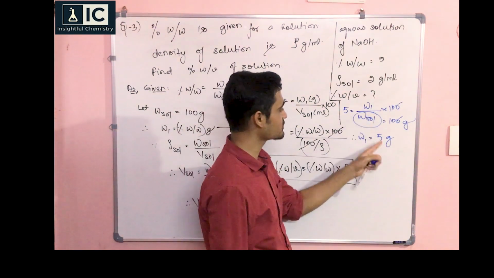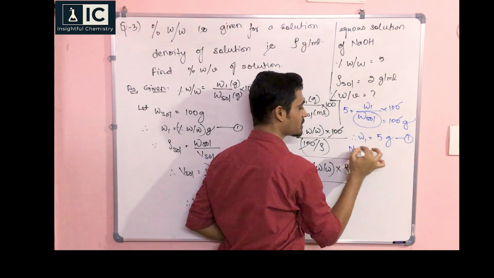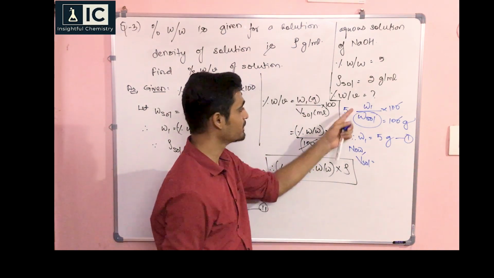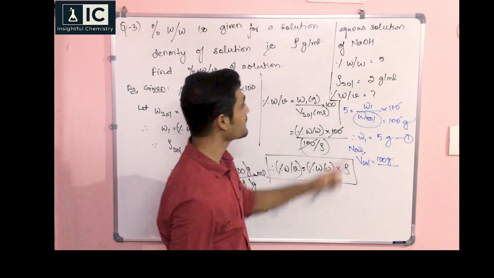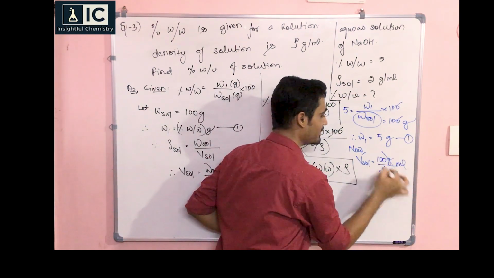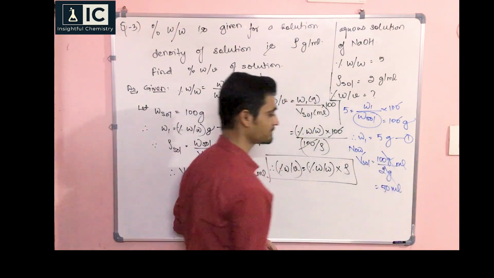That is your 1. Now volume of solution equals mass upon density. Mass how much? 100 gram. Density 2 gram per ml. Gram and gram will get cancelled. It will be what? 50 ml.